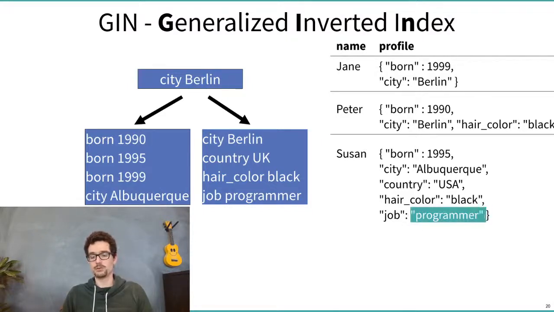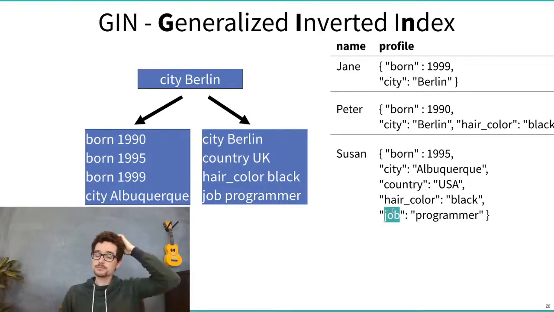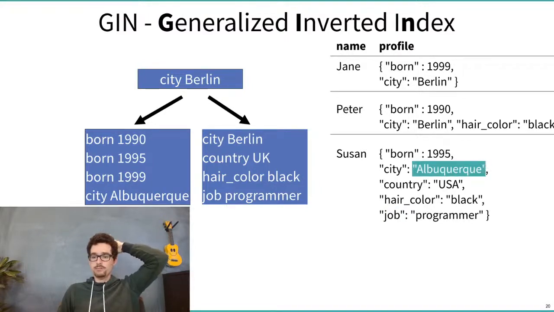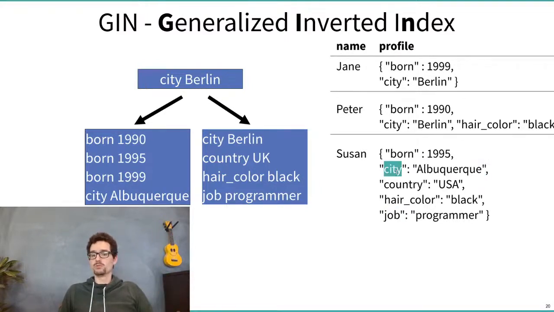If this would be a subdocument, then this salary and company would not be part of the index. So only the top level fields: born, city, country, hair color, job. If this would be an array, also no problem. Top level field name and each element of the array would be inserted here.